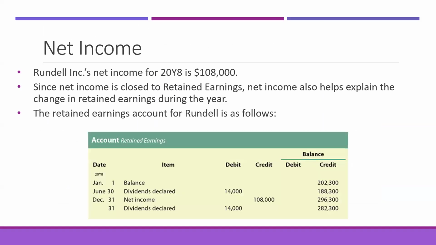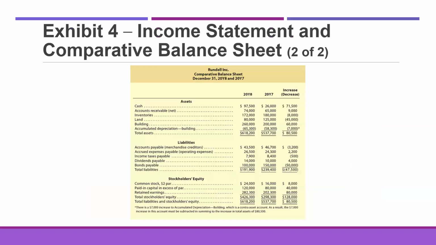Note what's not included. We had the balance sheet here. What's not included in our increases and decreases is non-current assets and non-operating related assets and liabilities. For example, land, building, accumulated depreciation are not included in the comparison of year-over-year changes.